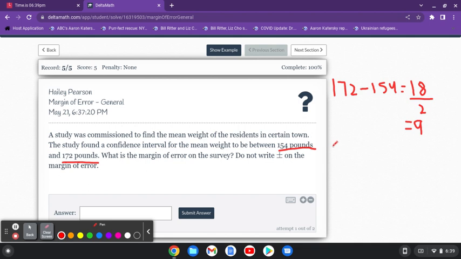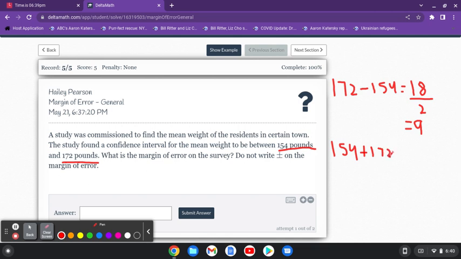If you were to do it the second way, you would do 154 plus 172 and divide it by 2 to calculate the mean.